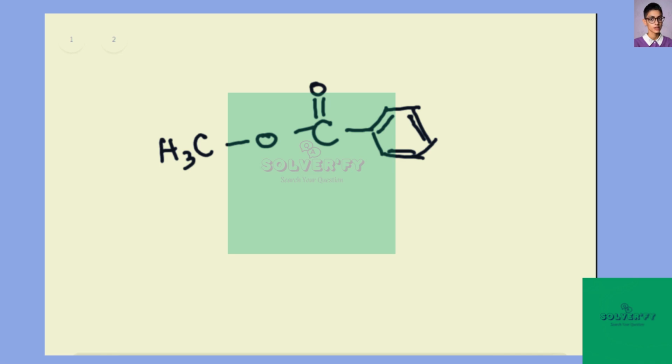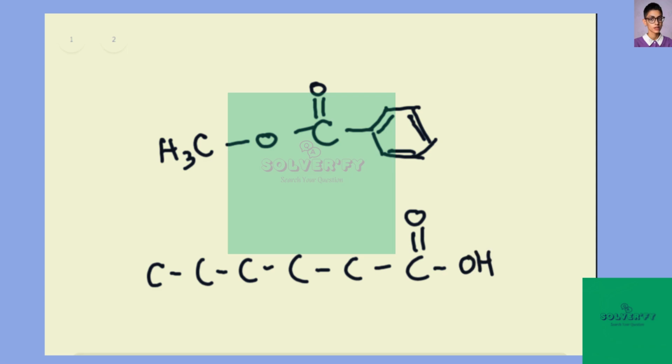Then we have 3-chloro-2,4-dimethyl hexanoic acid. So hexanoic acid is going to be a 6-carbon carboxylic acid. 3, 4, 5, 6. The first carbon is going to have the carboxylic acid portion attached to it. From there, we have a 2,4-dimethyl.